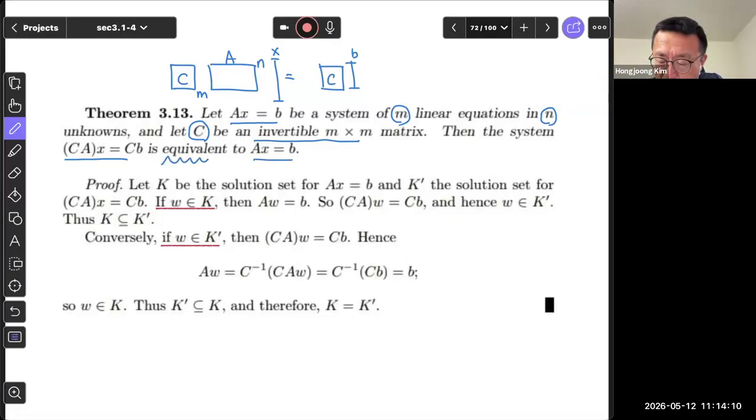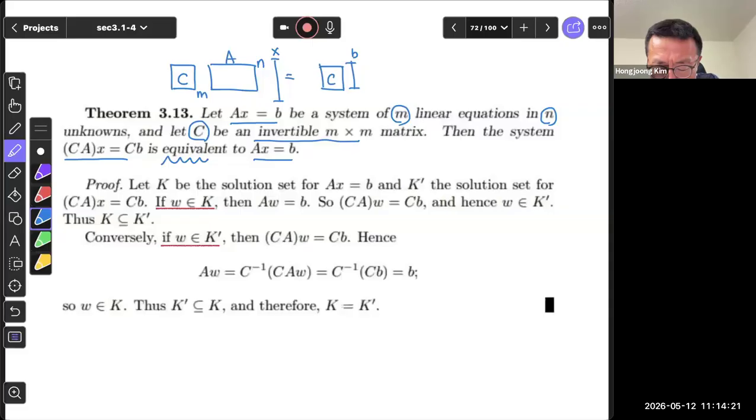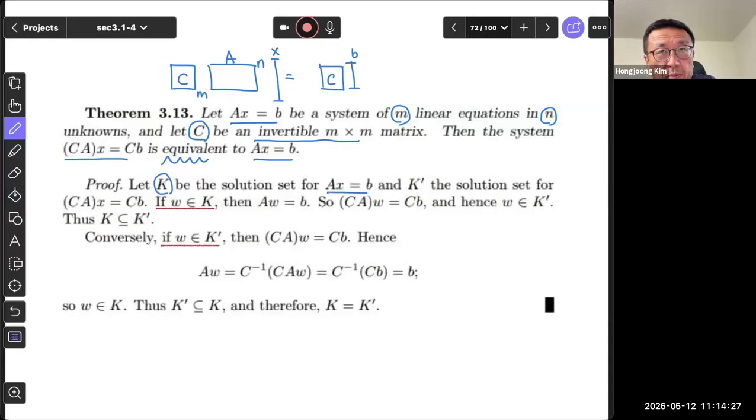First of all, let us prove this statement, and then let us consider its meaning. Suppose that K denotes the solution set for the original problem Ax equals b, and K prime denotes the solution set for the second problem CAx equals Cb.